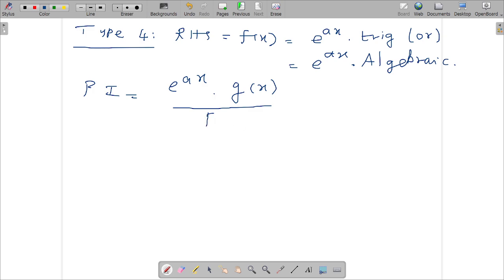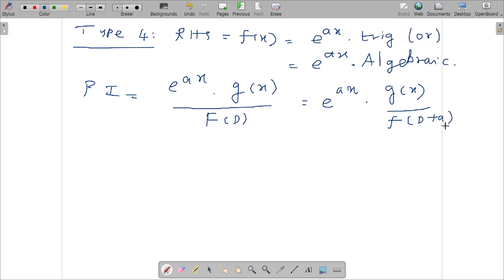At that time you have to take that e power ax outside, write it separately, then write g of x in the denominator with D tending to D plus a.